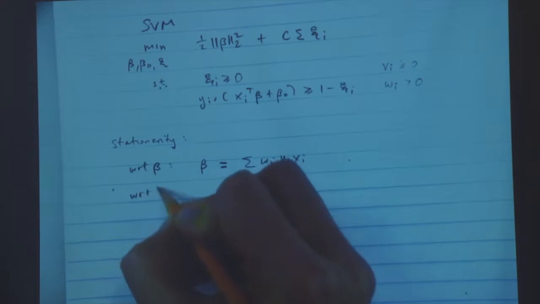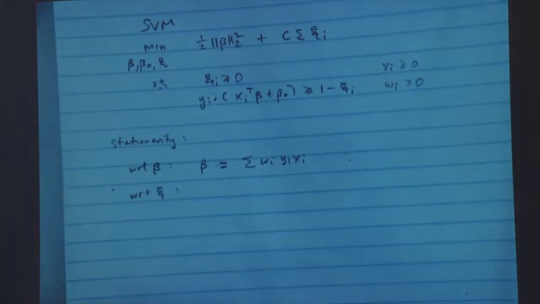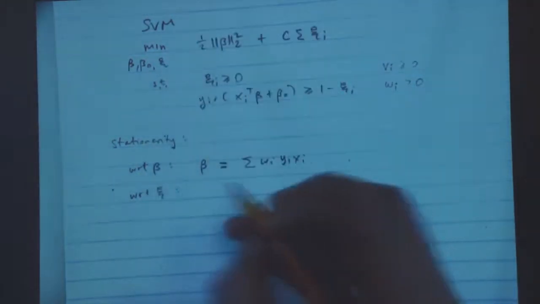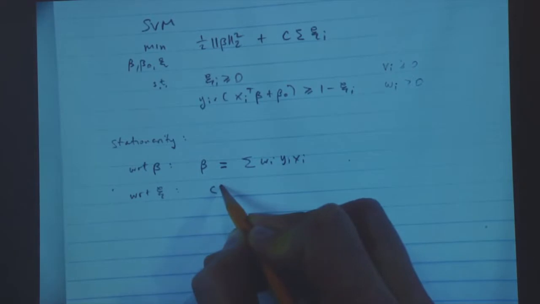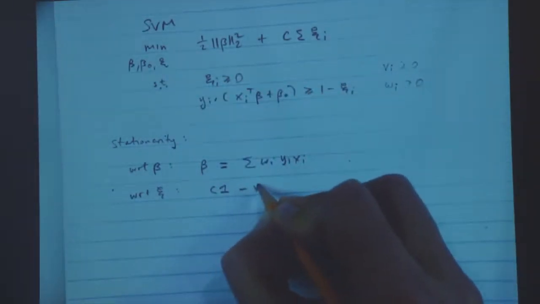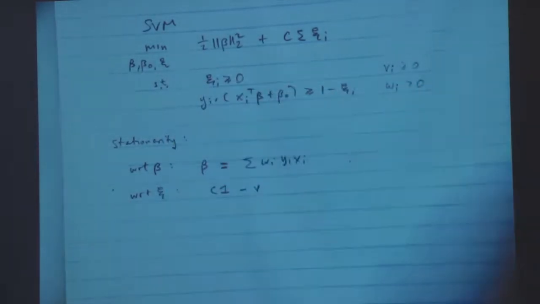How about with respect to psi? So what happens if I differentiate this with respect to psi? Right, this term goes away. I get c times the 1's vector, because this is just c times 1 transpose psi. Here I get minus v, because the Lagrangian would have had a term like minus v transpose psi.